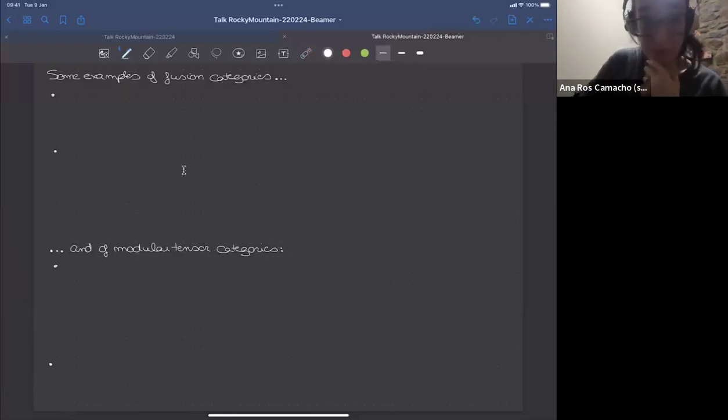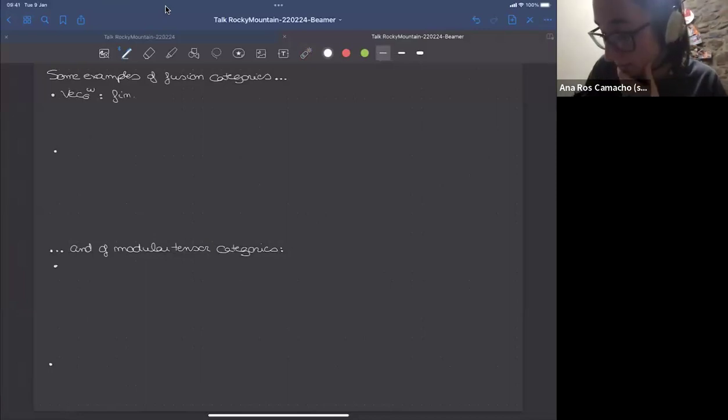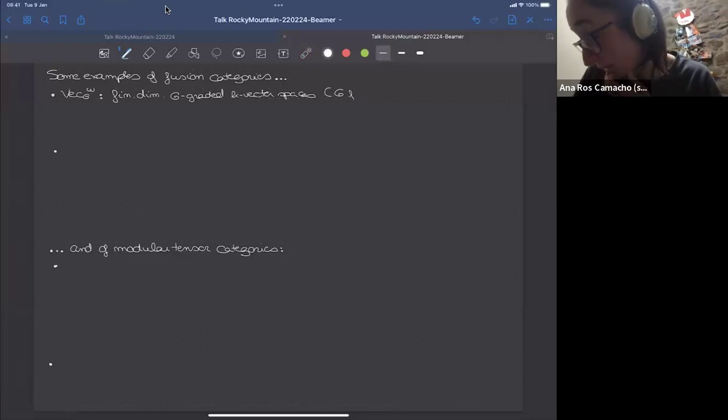So let me give you some examples of these categories, because I'm just going to be using them. This vector omega that I was mentioning before, let me just be slightly clear and say that this is the category of finite dimensional G-graded K vector spaces, where G is a finite group.